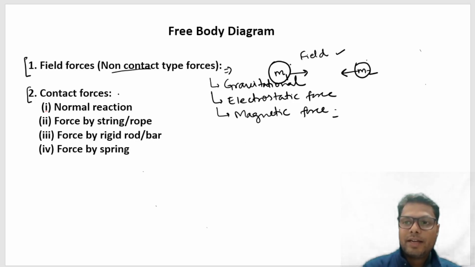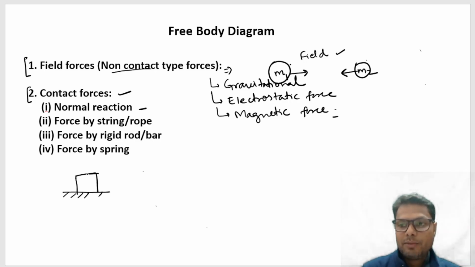These forces are called field forces. Second is contact type force. In contact type force, there are four categories. One is normal reaction. What is normal reaction? When one body comes in contact with another body, it experiences a push force. Both bodies which make contact push each other along the normal to their common surface of contact, and such forces are called normal reaction.